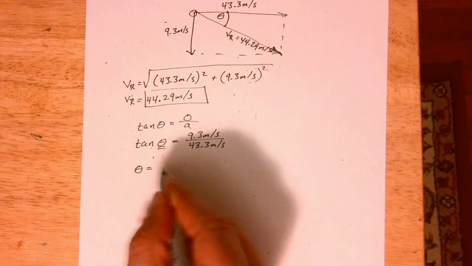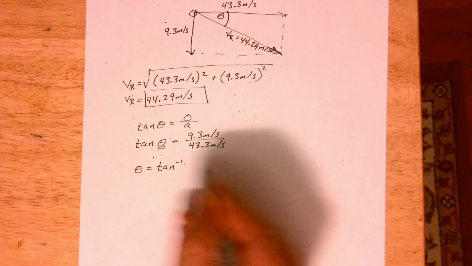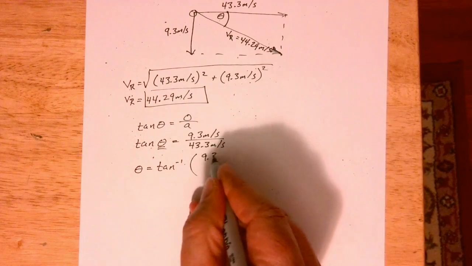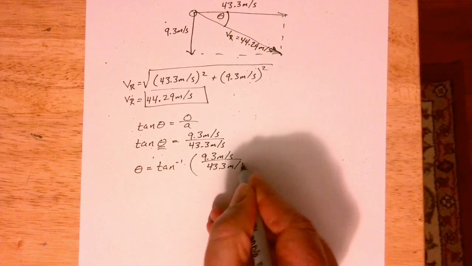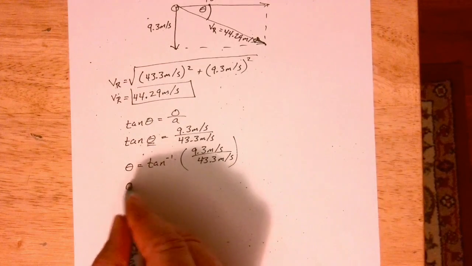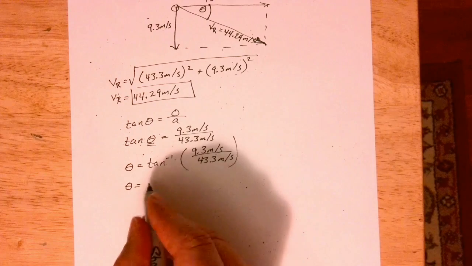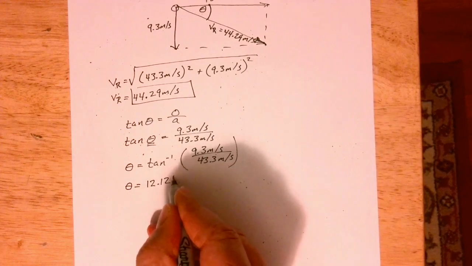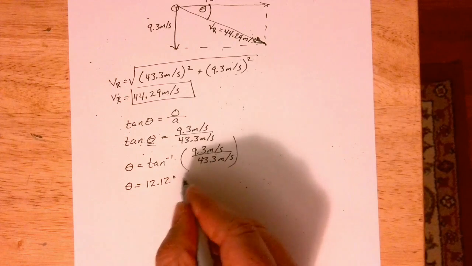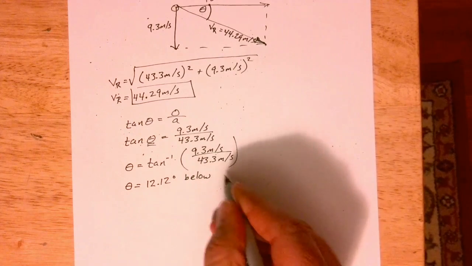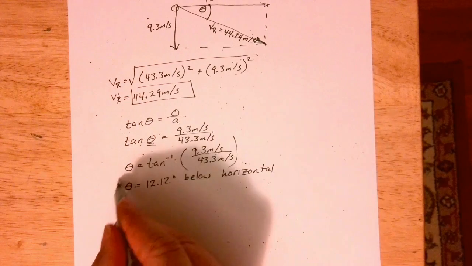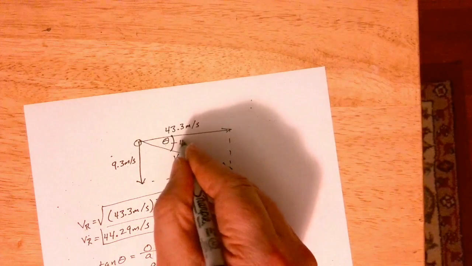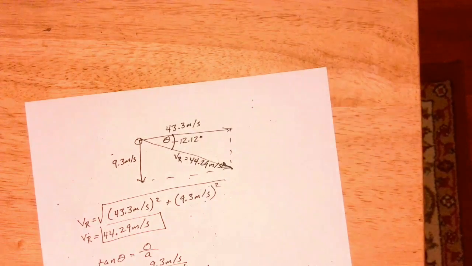Theta is equal to the inverse tangent of 9.3 meters per second over 43.3 meters per second. And we end up getting a value of about 12.12 degrees. And this will be below horizontal. So this angle is about a 12.12 degree angle below the horizontal.